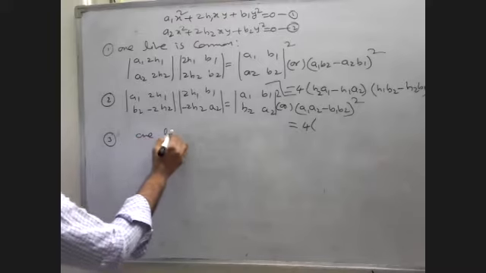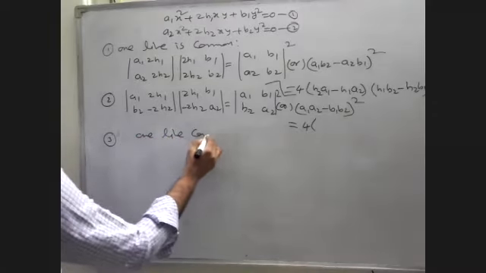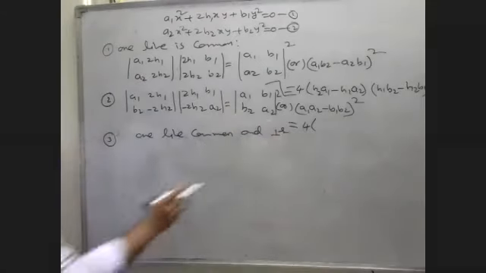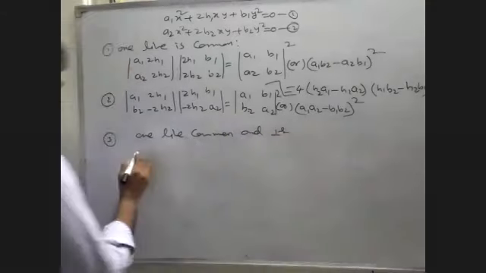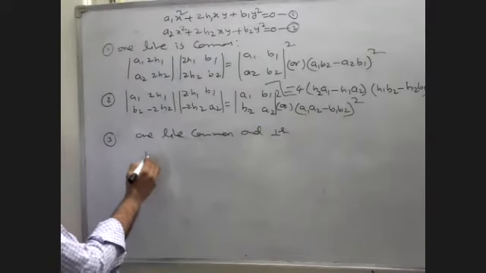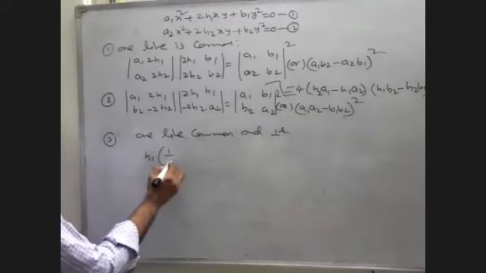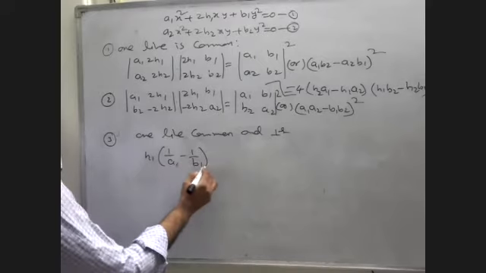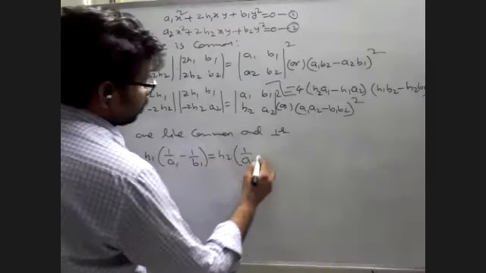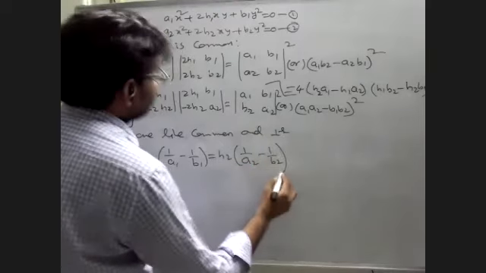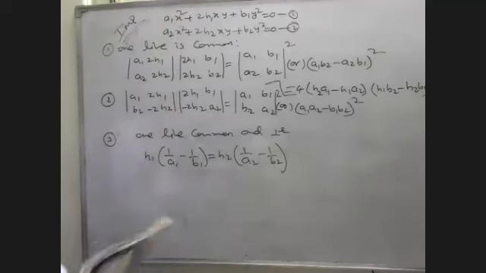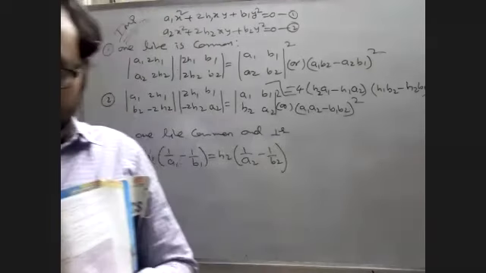One line common and remaining two perpendicular. Then the condition is, I'm writing the condition, H1 into (1 by A1 minus 1 by B1) is equal to H2 into (1 by A2 minus 1 by B2). These are very important. They come to us in many questions, so remember them.